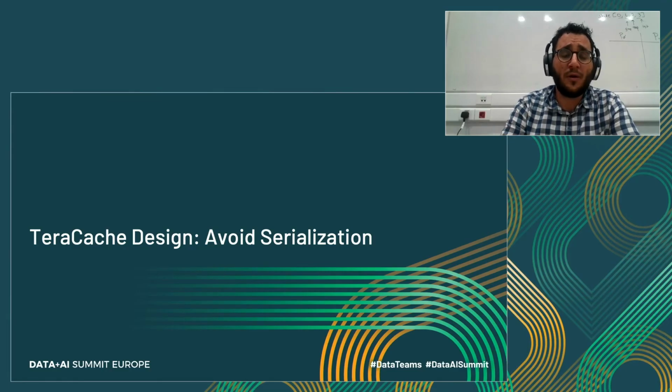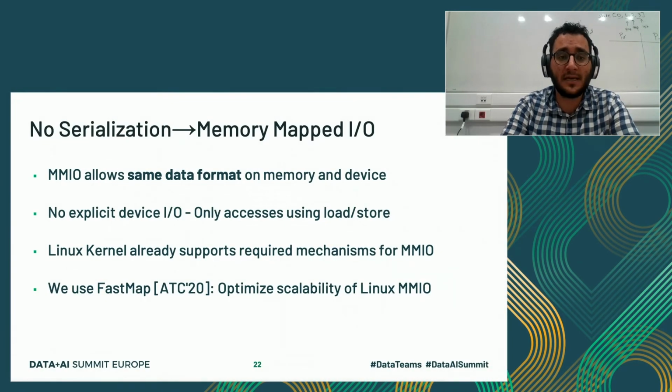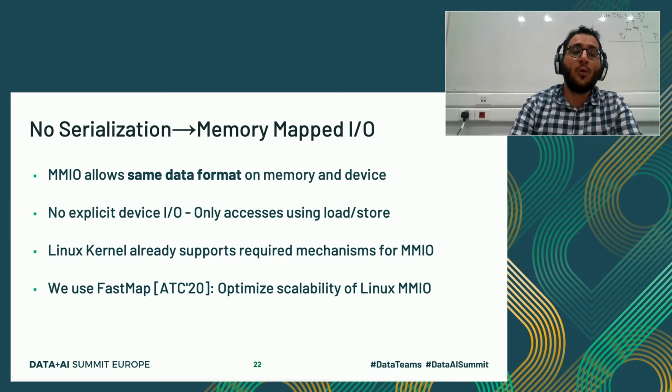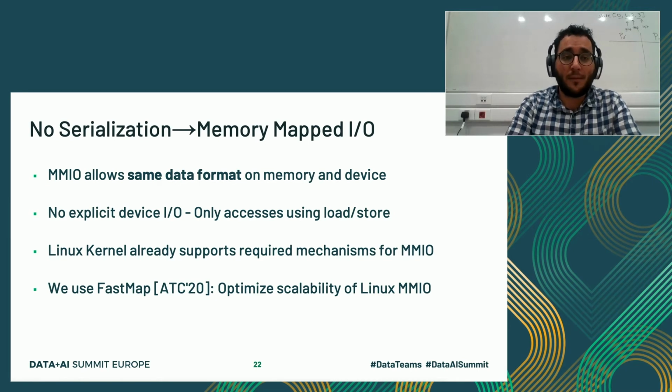Here, I'm going to show how we avoid serialization and deserialization. In order to avoid serialization and deserialization, we use memory mapped I/O. Memory mapped I/O allows us to have the same data format both in memory and on the device, and we access the data on the device using load and store instructions without explicit device I/O.